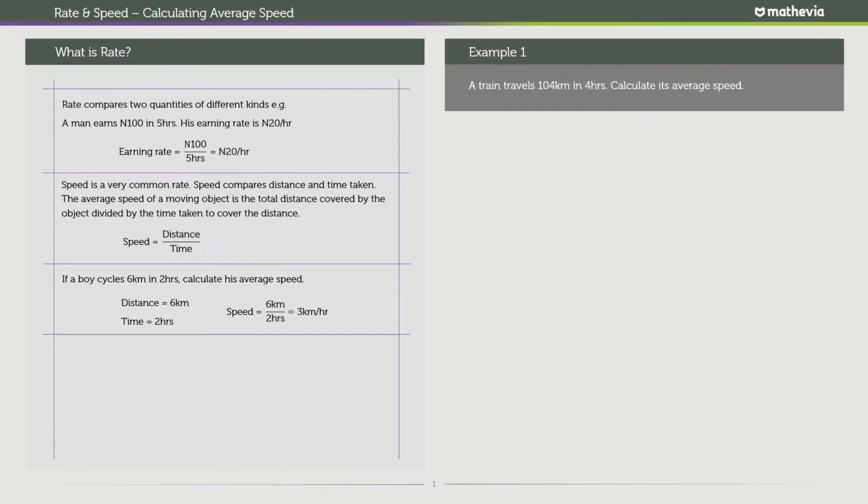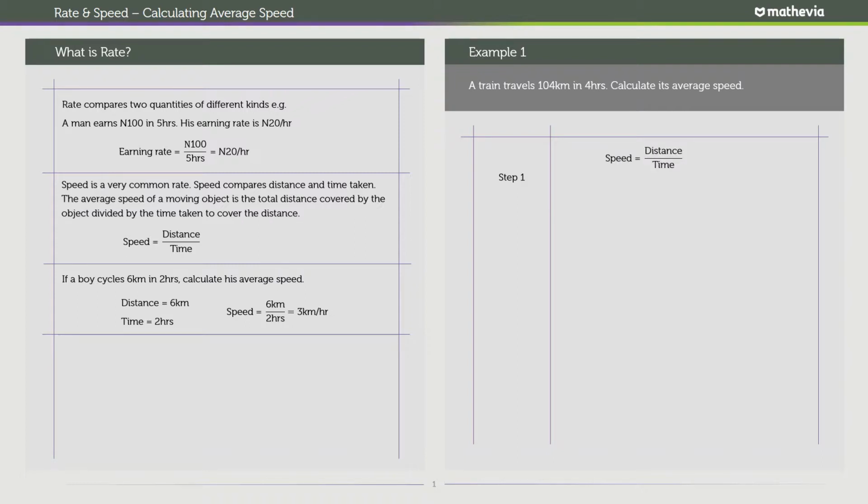So we have example 1. A train travels 104 kilometers in 4 hours, calculate its average speed. We have distance 104 kilometers, and the train covered this distance in 4 hours. So the train went on a journey 104 kilometers long, and the journey lasted 4 hours. How fast was this train moving that it covered 104 kilometers in 4 hours?